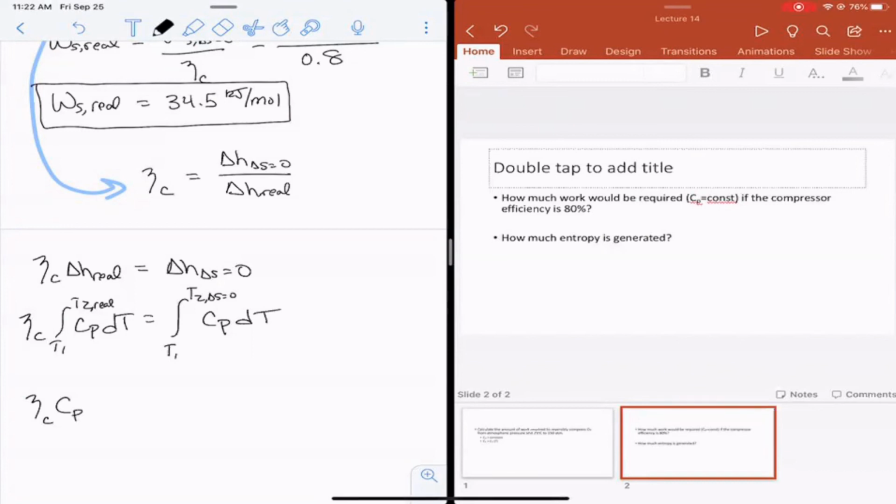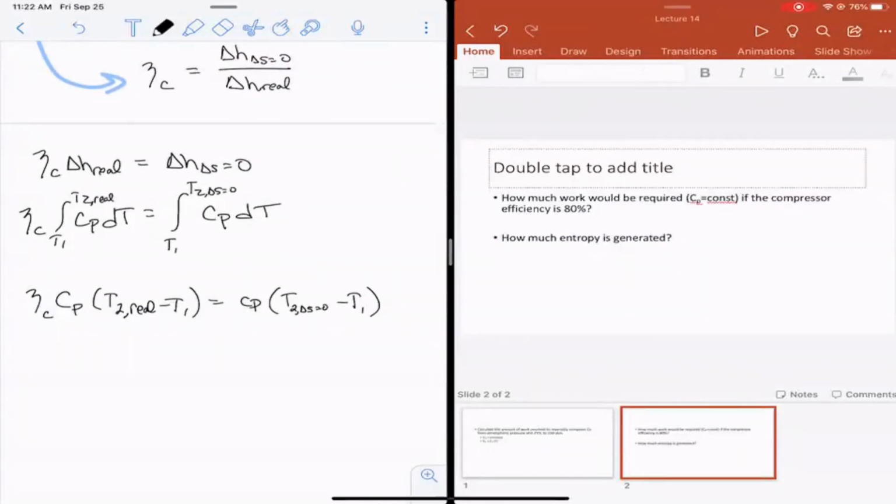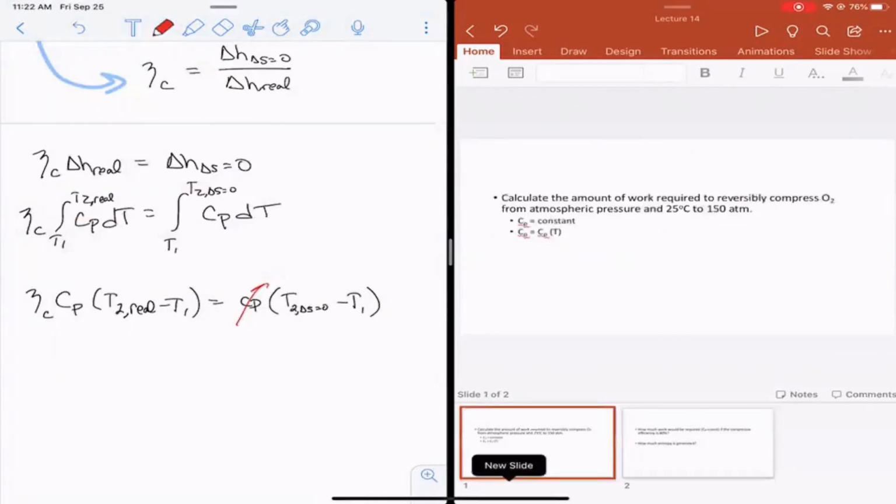and I won't put 7 halves R here quite yet, times T2 real minus T1 equals the heat capacity times T2 when delta S was equal to 0 minus T1. If the heat capacity is equal to a constant like it is here, the reason not to put 7 halves R is because those go away. And so we actually can calculate T2 real.